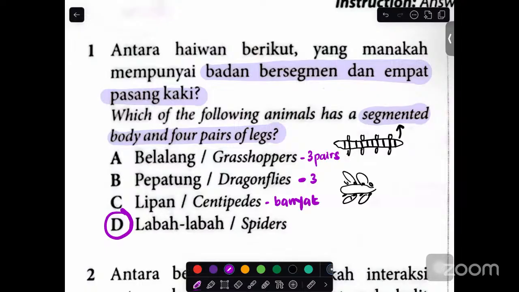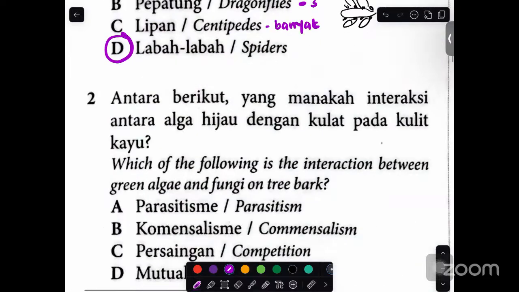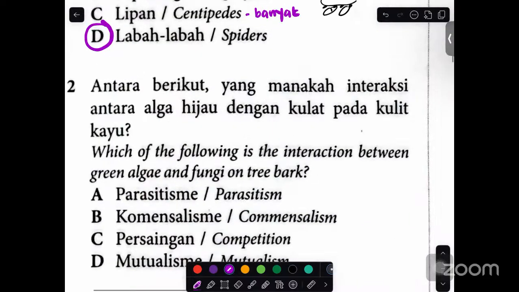Amy, it's downloading. Just give a second. Okay, yang ni. Antara berikut, yang manakah interaksi antara alge hijau dan kulat pada kulit kayu? Green algae and also fungi on tree bark. What is the interaction?